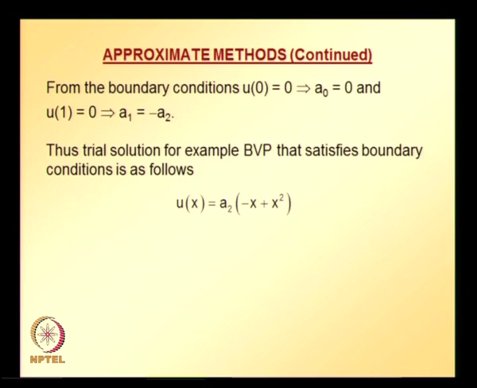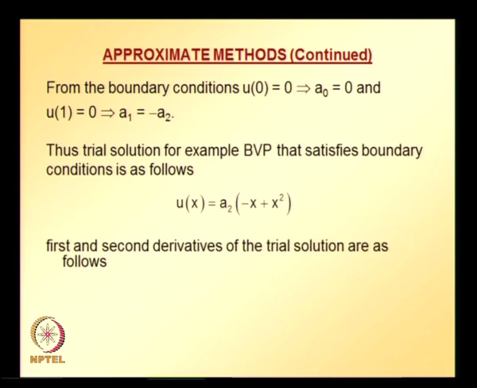Before we substitute, if you recall, the residual involves the second derivative of u with respect to x. So we need to find the first and second derivatives of the trial solution with respect to x, which are shown here. Once we have this, we can substitute into the residual.